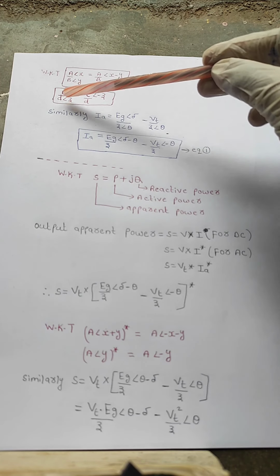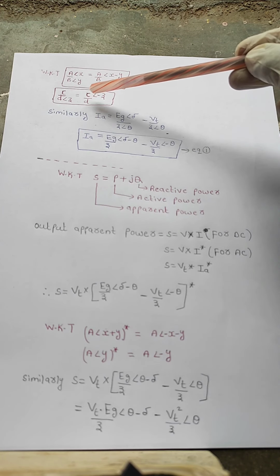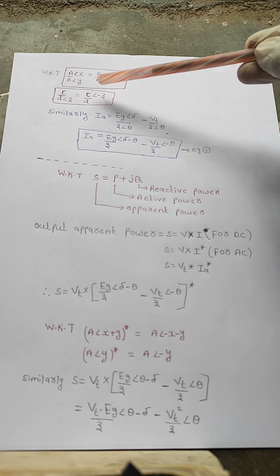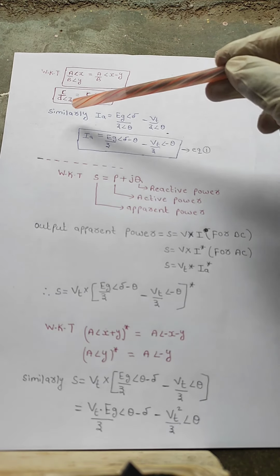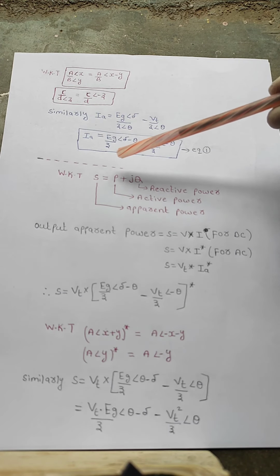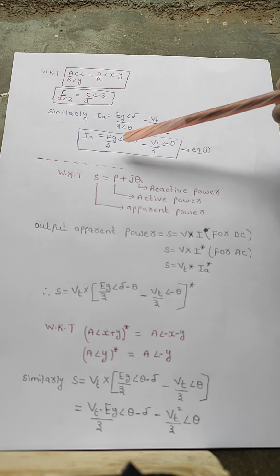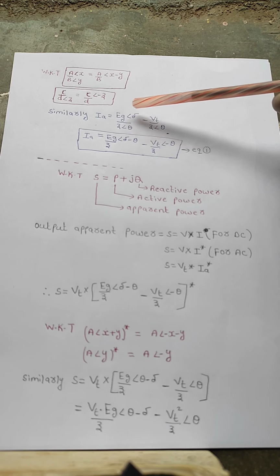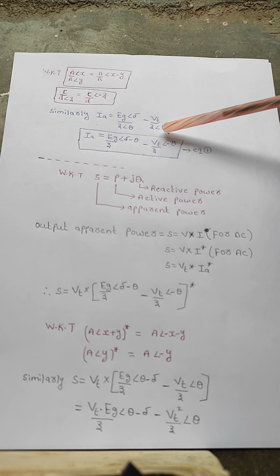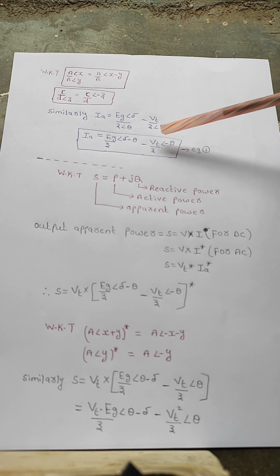For example, c by d angle z, we can write as c by d angle minus z, because the denominator angle is taken to the numerator, and that time it becomes negative. So if we apply this theory to Ia, we get Eg by Z angle delta minus theta, because this theta is shifted to the numerator and becomes negative. Similarly here, the denominator theta is shifted to the numerator and becomes negative.